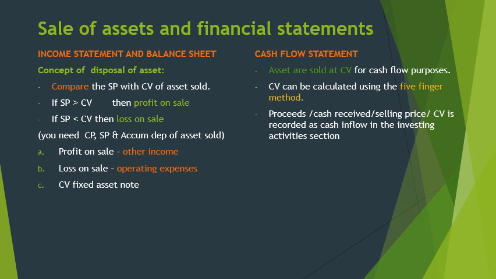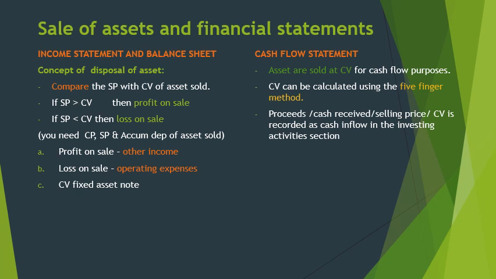But the topic of sale of asset affects our financial statements in different ways. In the normal income statement and balance sheet, we need to calculate profit or loss on sale. If it is profit on sale, we record it in our income statement as other income.